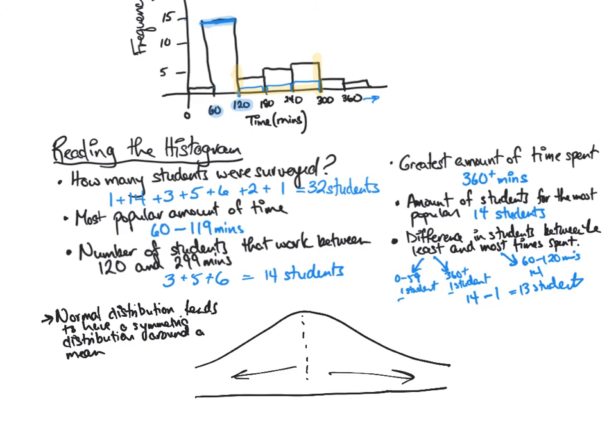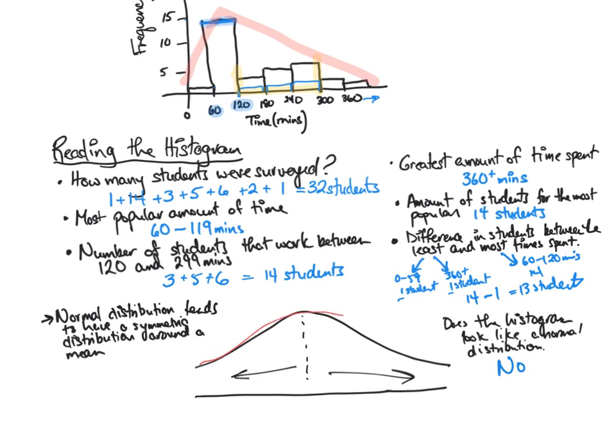Last question, does this histogram look like a normal distribution? So is the big bump in the middle and the 2 sides the same? So the answer is no, because it would have to look something more like this, and it does not.